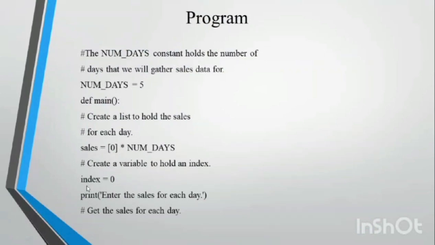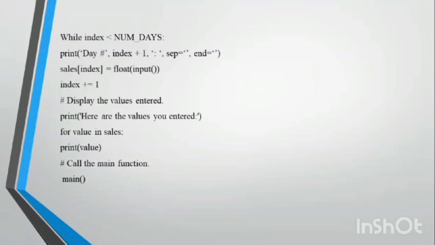Next, we are creating a variable to hold an index. After that, we are printing the sales for each day. We are using a while loop to print the sales for each day.